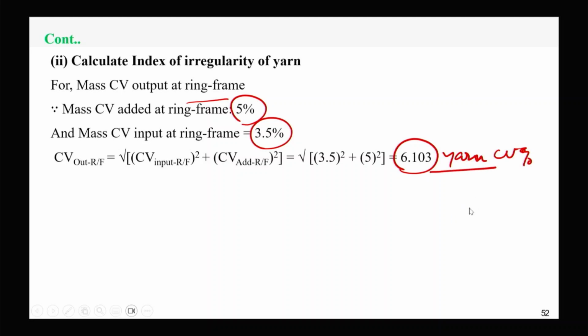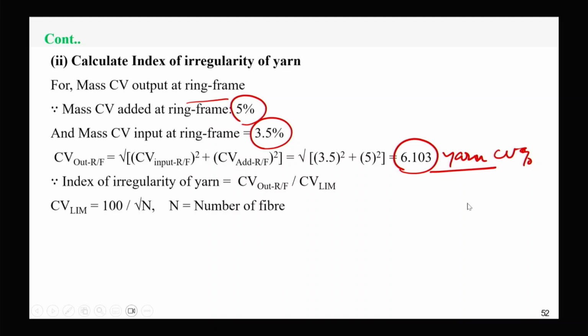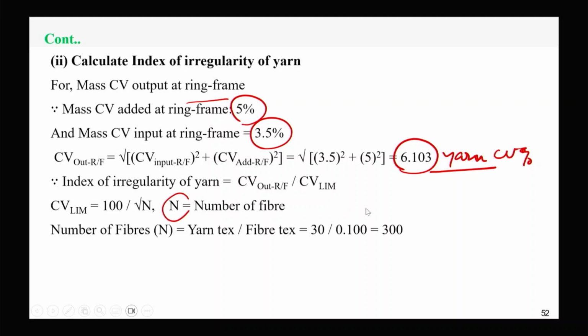And we can calculate the limit CV. So limit CV is, N is the number of fibers that we have already calculated, 300. So limit CV is 5.7, as it is man-made fiber.